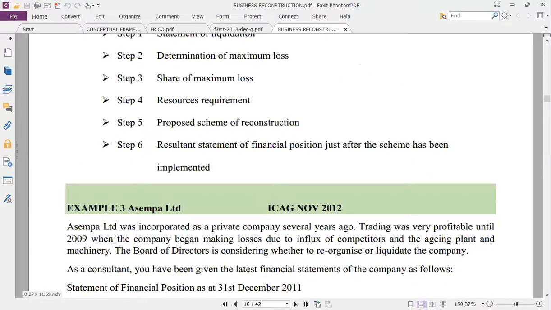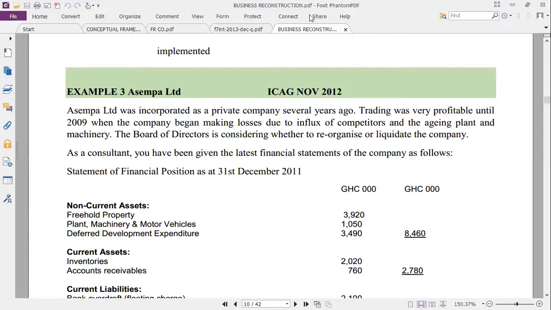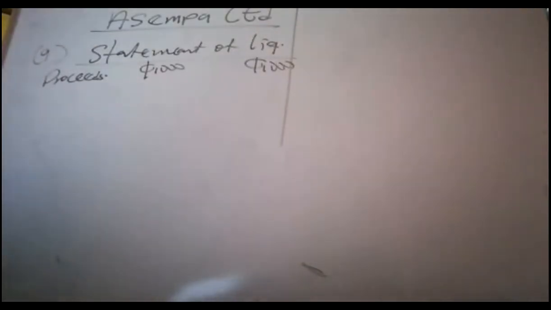Now let's go to the board. We said that to prepare the statement of liquidation, you write the proceeds and you write the names of the assets, all the assets with no figure. To avoid oversight, use the company's financial statement prepared.